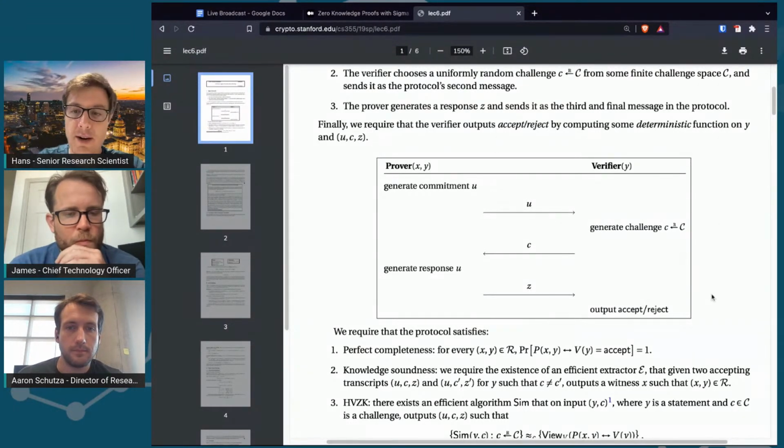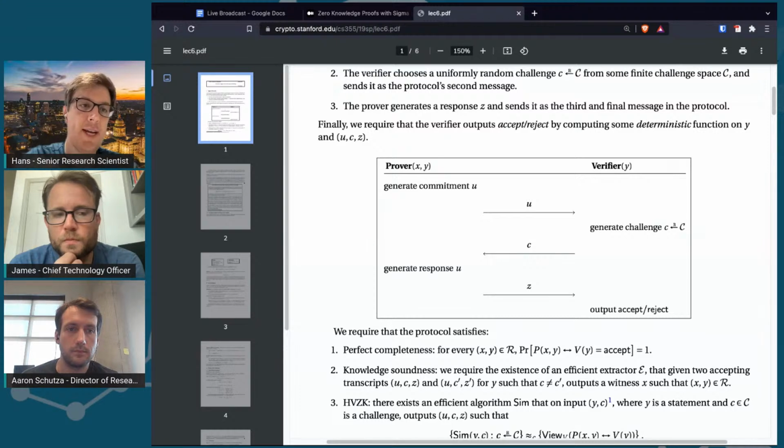So this is the generic framework of a Sigma protocol. What we were looking at before was a Sigma protocol of Schnorr's protocol, which uses the discrete log assumption. For those unfamiliar, the discrete log assumption states that it's difficult to invert an exponentiation.